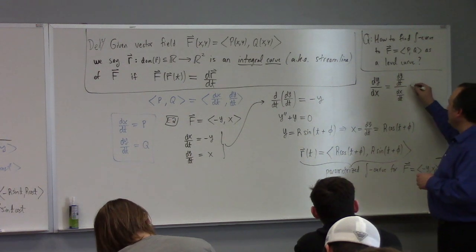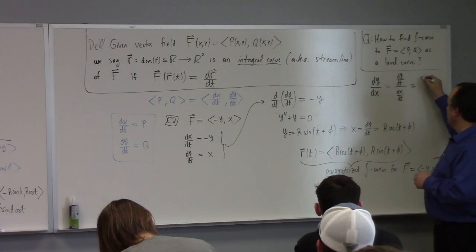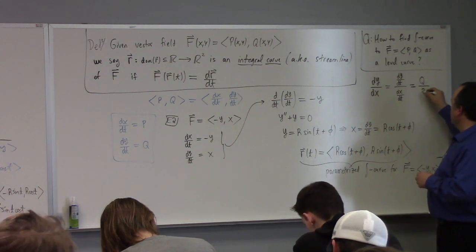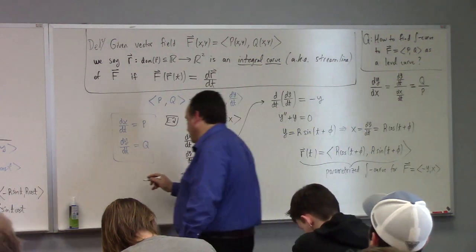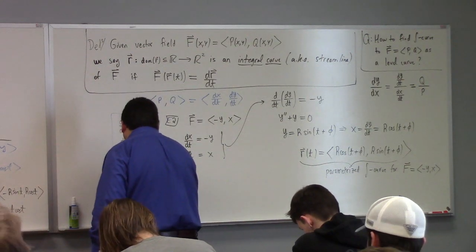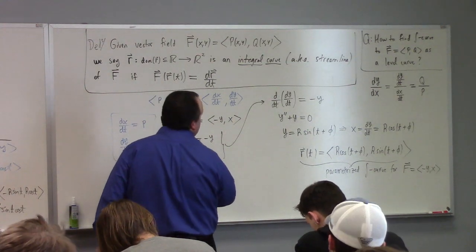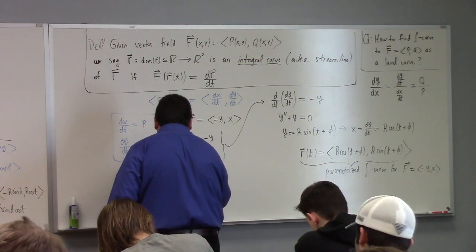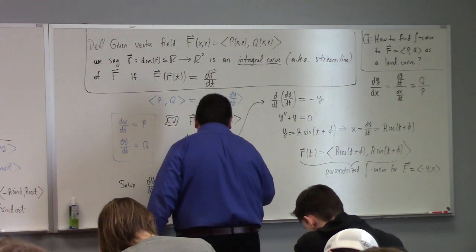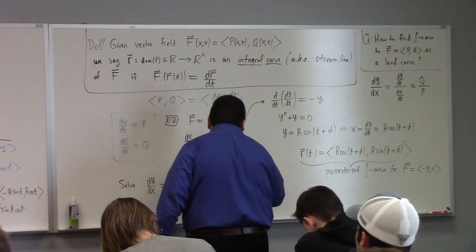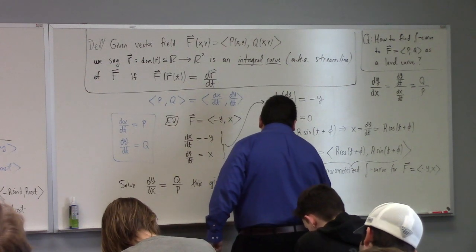By assumption, dy/dt was supposed to be Q, right? And this is supposed to be P. So the takeaway message here is, if we solve dy/dx equals Q over P, this gives streamlines to the vector field (P, Q).